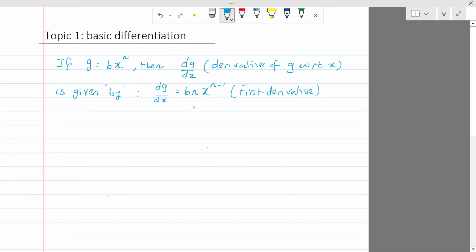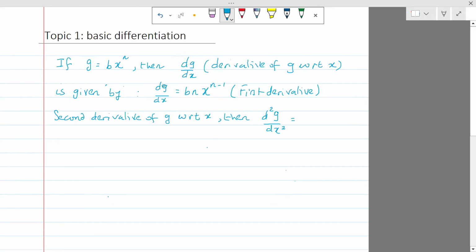So this is called a first derivative. Now, if I want to find the second derivative of g with respect to x, then I will write it like this, d2g by dx2. This means the second derivative. So I will now start with dg by dx.